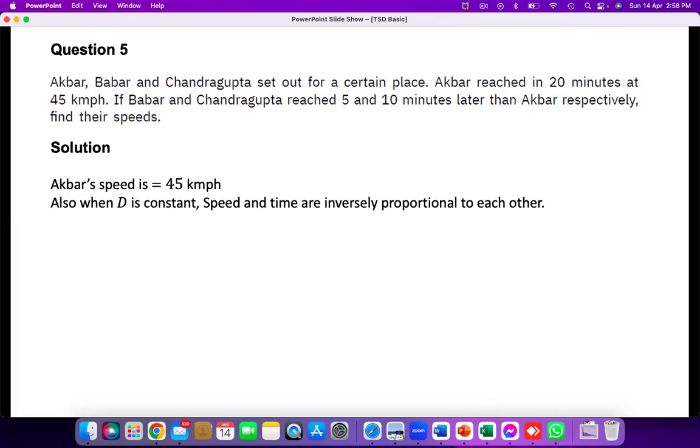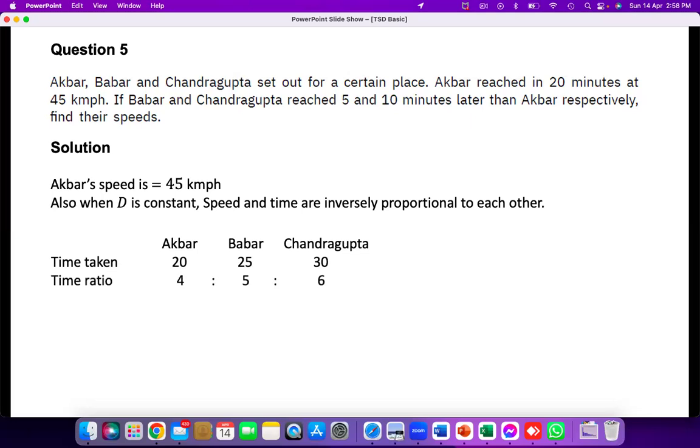So 36 for Babur, Chandragupta is 30. Okay. So see, time taken by Akbar is 20, Babur 25, and Chandragupta 30. Is that fine? Now, time ratio.